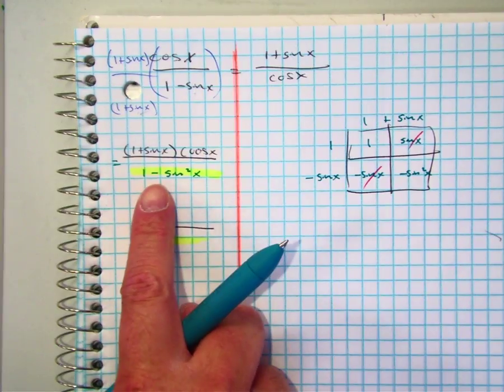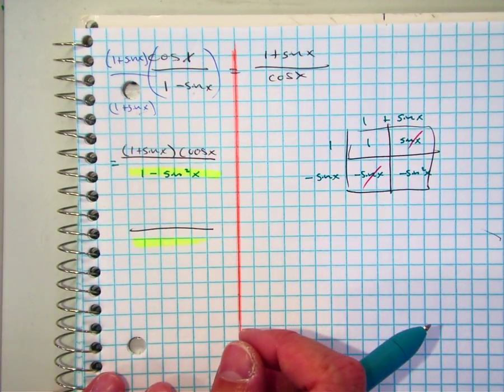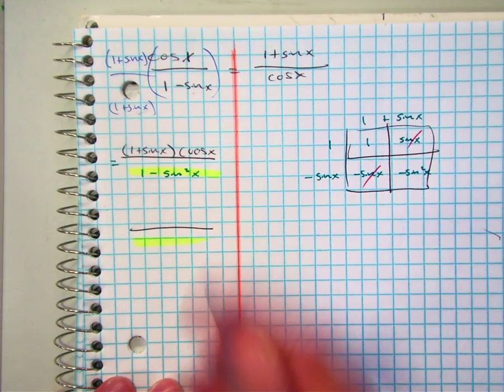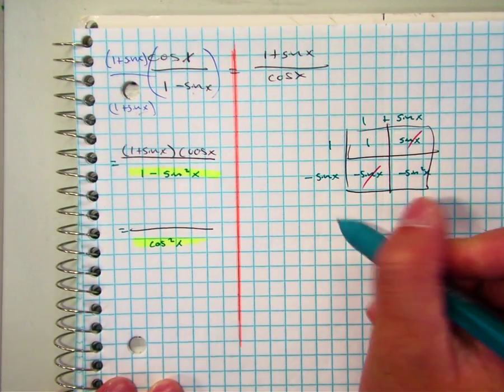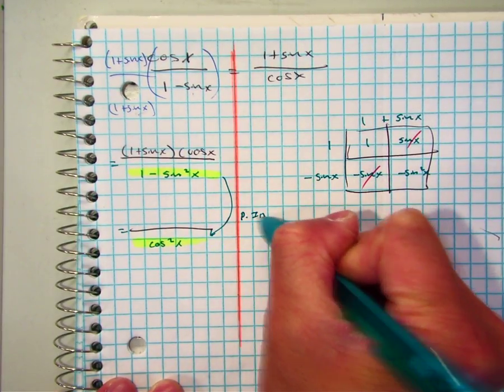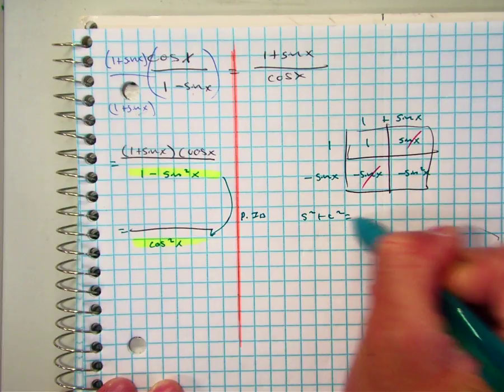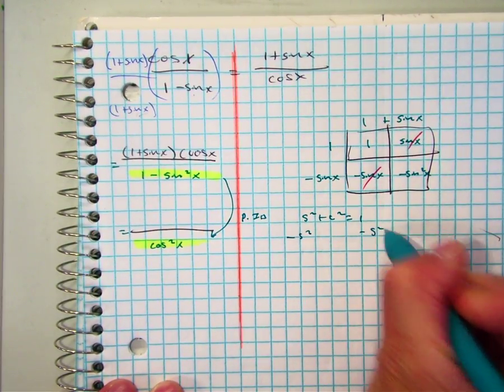Brittany, what does 1 minus sine squared x become? Why is that? You're just subtracting sine squared there.